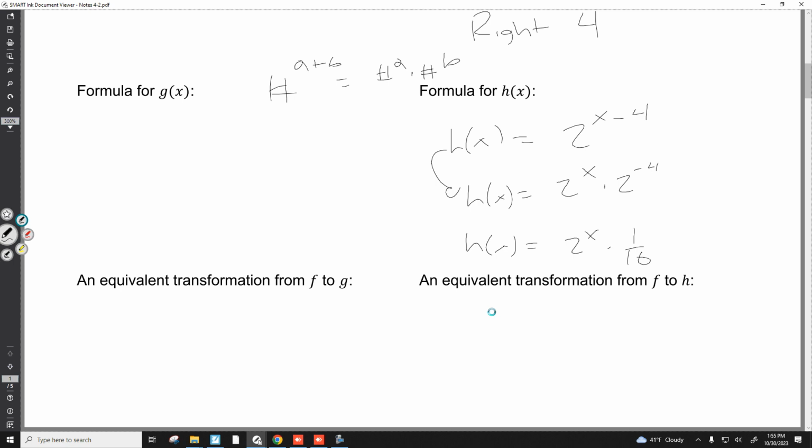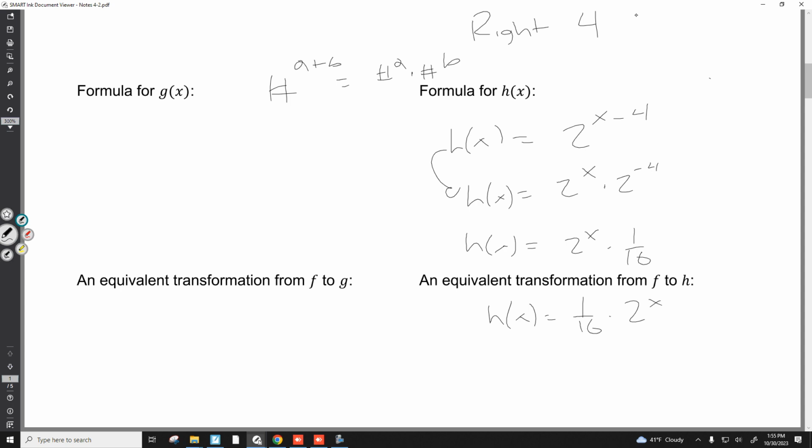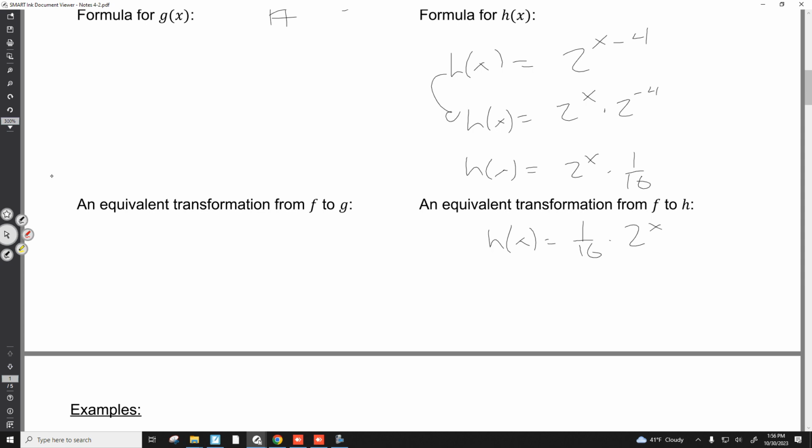What did I just discover using this exponent rule? Tell your neighbors, what did I just discover using my exponent rule? 2 to the x shifted to the right 4 is equivalent to 2 to the x vertically dilated by a factor of 1/16.